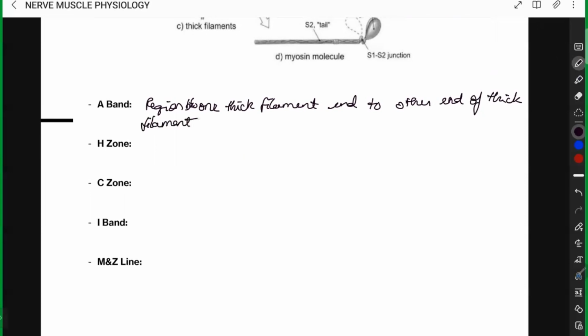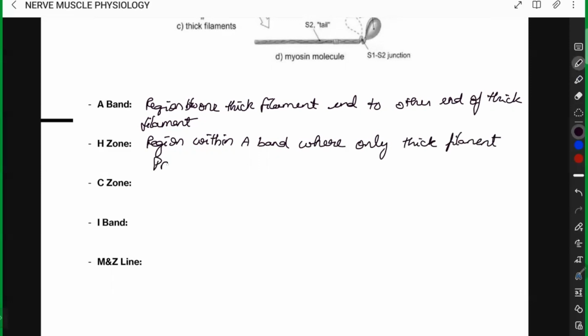Number 2, what is the S zone? It is the region within the A band where only thick filament is going to be present. Okay, what is the C zone?